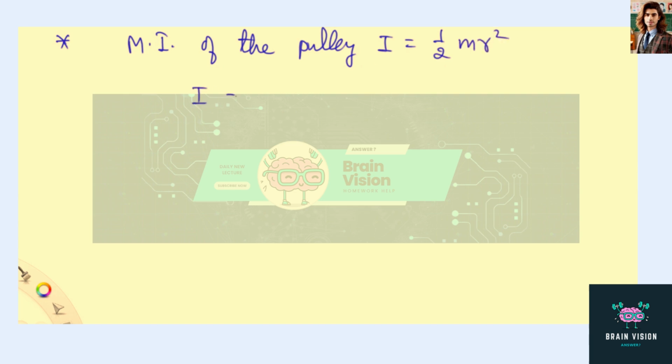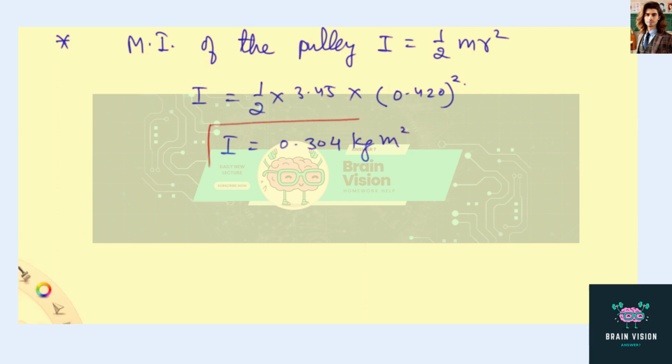Plugging in the known values, half times the mass of the pulley, which is 3.45 kilogram, into the square of the radius, which is 0.420 meter, it is calculated to be equal to 0.304 kilogram meter square. That is the answer for the first part of this given problem.